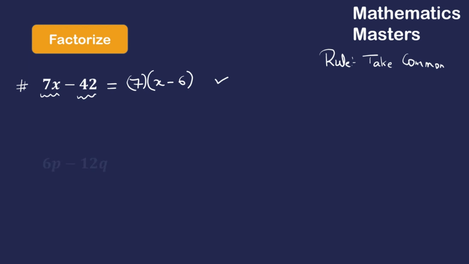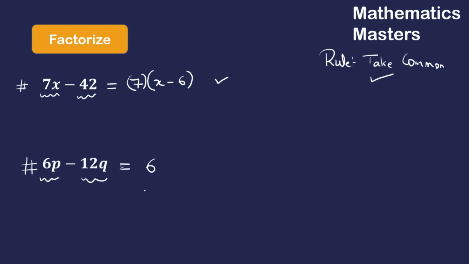Let us try to understand with one more example. Here is an example: 6p minus 12q. Again, as the rule says, take common. There are two terms, 6p and negative 12q. Which is the highest number which can divide both 6 and 12?